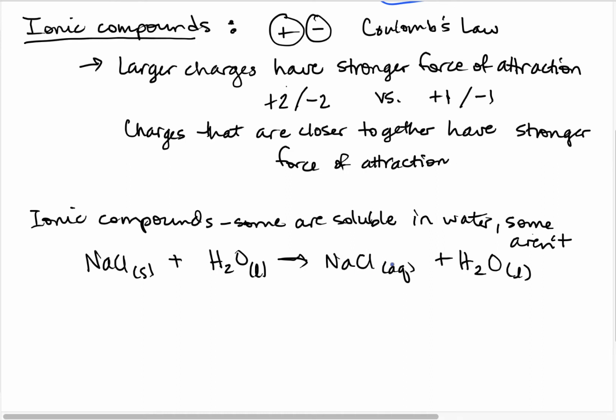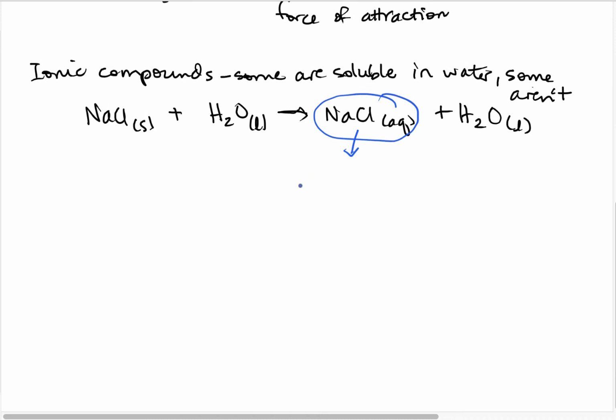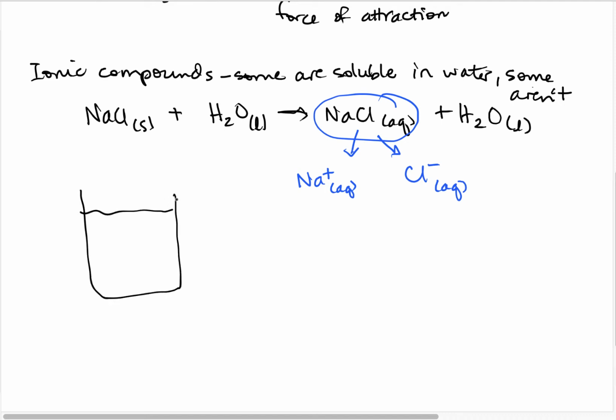And in reality, anytime you have an ionic compound that is dissolving, it's dissolving into its component ions. So if I drew a little schematic here, this initial thing would have some NaCl down here in the bottom.